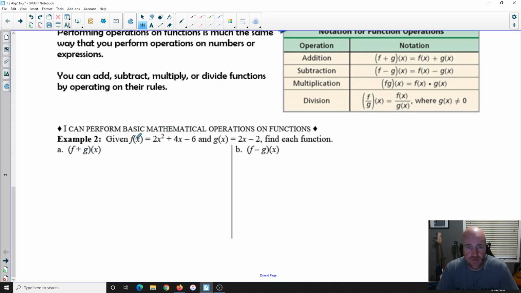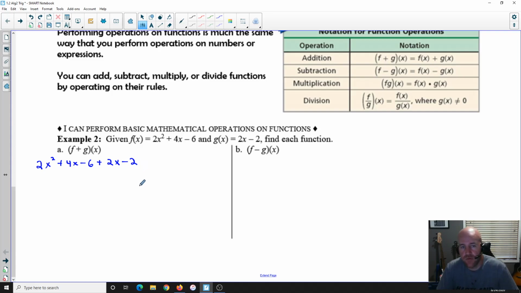So now what we're going to do is we're going to take this function f, because that's what is given first. So we're going to write f and then we're adding, so I'm just going to put an addition there, and then we're adding g. So we take all the terms of g and we add them.